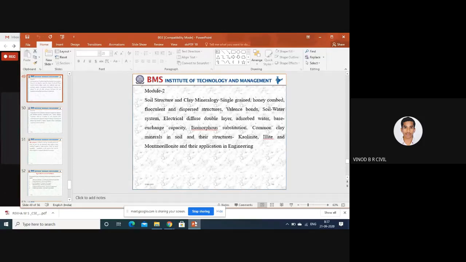Water absorption and base exchange matter when you go for any compaction. For example, if you want to construct a structure near Puttenahalli Lake, that lake is completely sediment or lake soil. In that type of soil, some additional stabilizer material such as lime, cement or fly ash is required to increase the strength of the soil. When mixed with the soil, these gradually improve the engineering and index properties, whether specific gravity, liquid limit, density or compaction.